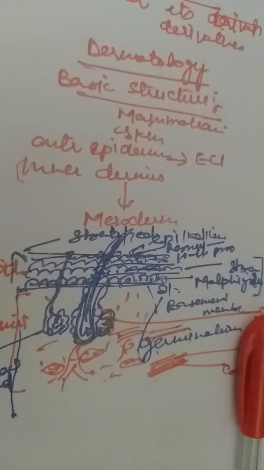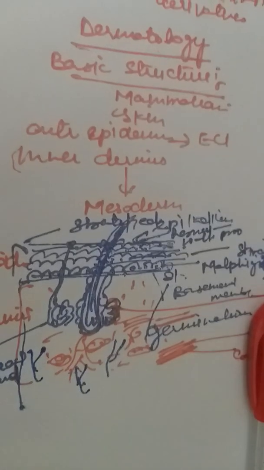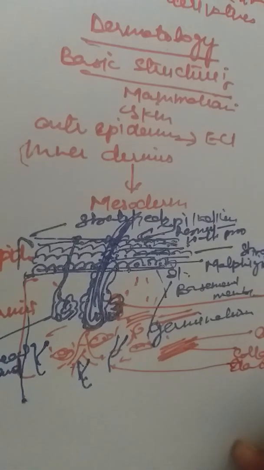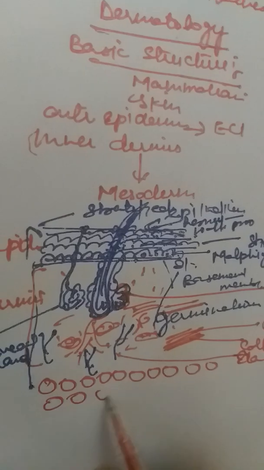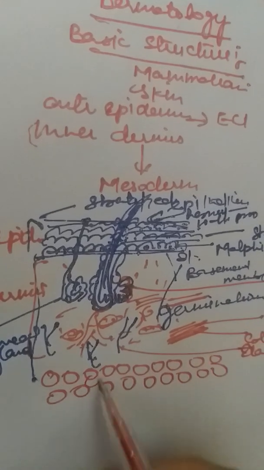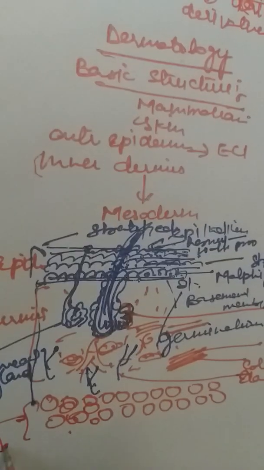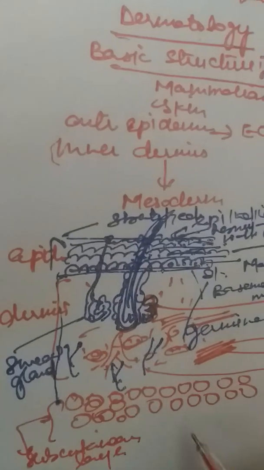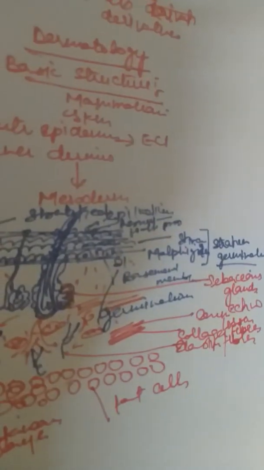In addition, there are other fibers, which are branched elastic fibers, and lying below it is the subcutaneous layer, which is composed of fat cells. So this is the structure of the skin proper.